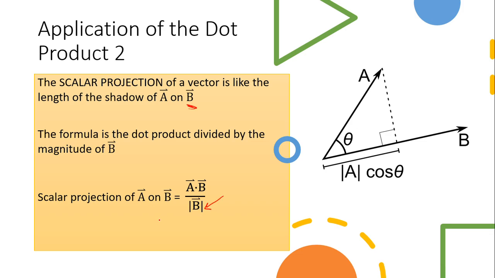So the scalar projection of A, vector A onto vector B, is the dot product divided by the magnitude of the vector that has been projected onto. So don't put an A down here because that would be the projection of B onto A. You have to do projection of A onto B. We'll take a look at a couple.